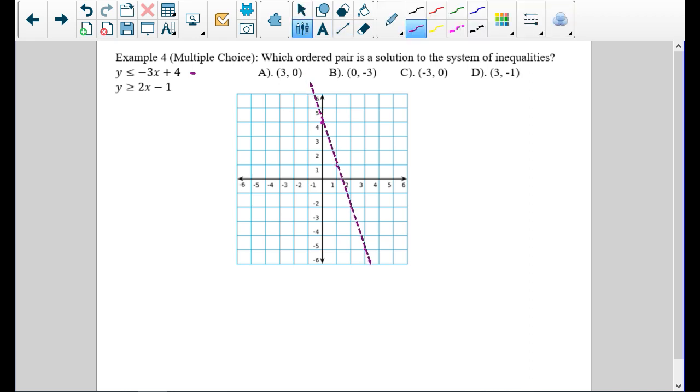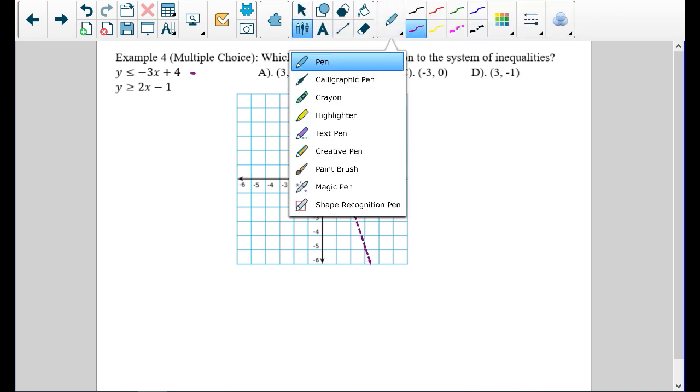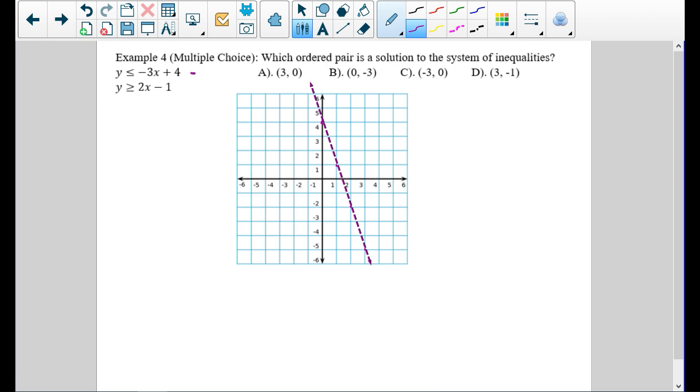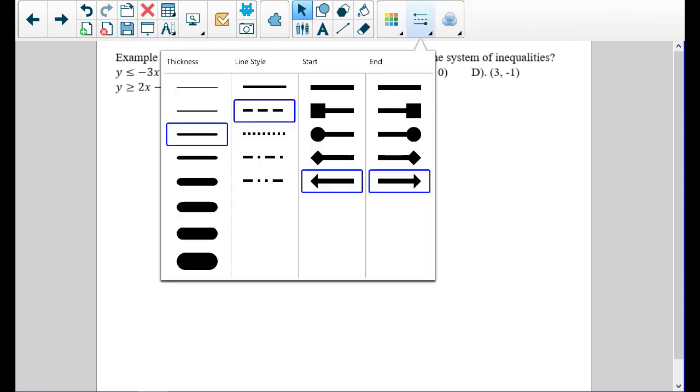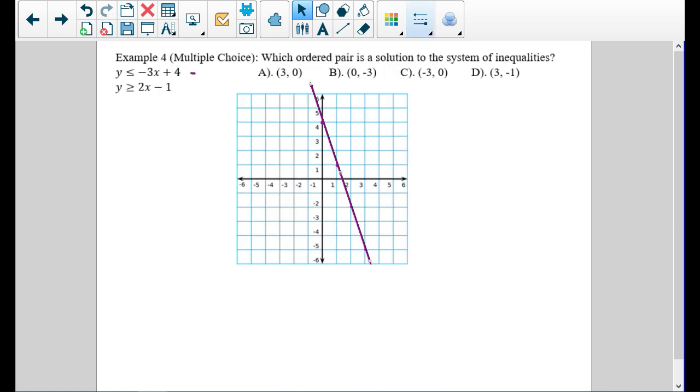Good. And y is less than or equal to, so that should have been the solid line. Let me switch that up. And y is less than, so shading below, to the left of that line.